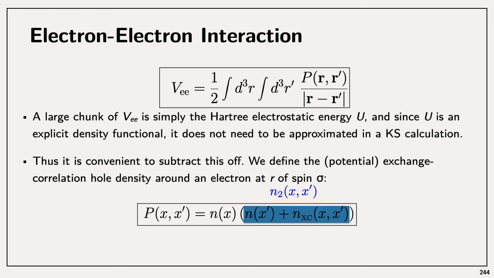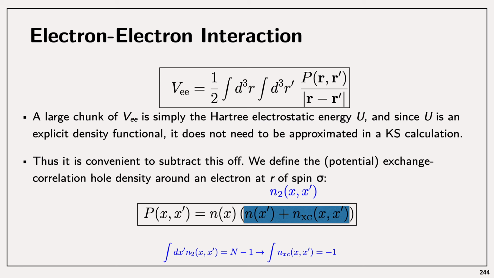It's beautiful because the equation I told you on the previous slide, if I integrate n2 over all the x prime, we saw on the previous slide that that value was N minus 1, right? At the same time, integrating n(x') over all the x prime is N, the total. Therefore, the integration of n_xc(x, x') is equal to minus 1 for all x.